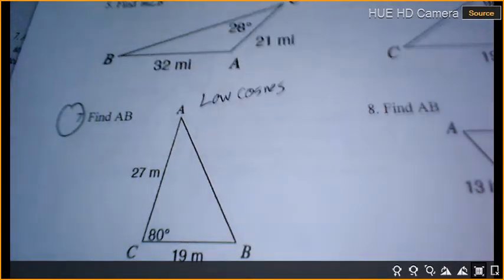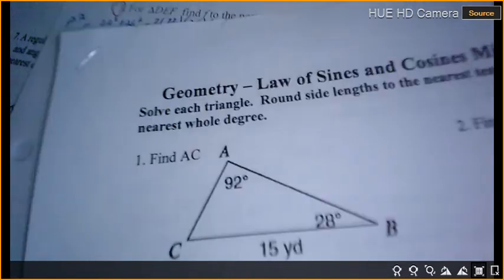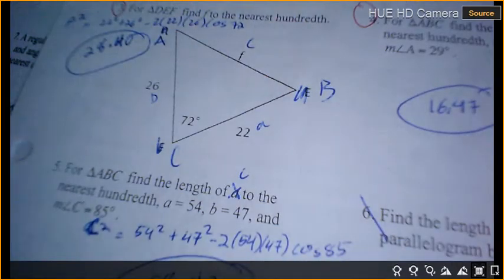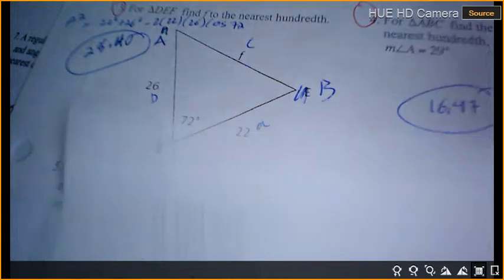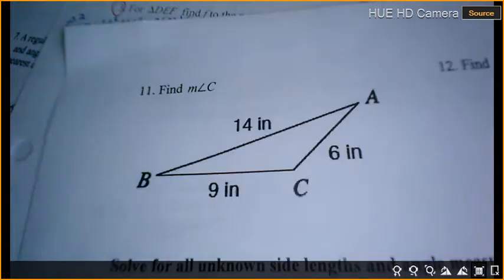Okay, here is another example. Number 11. I have all 3 sides, so I'm going to have to use law of cosines.